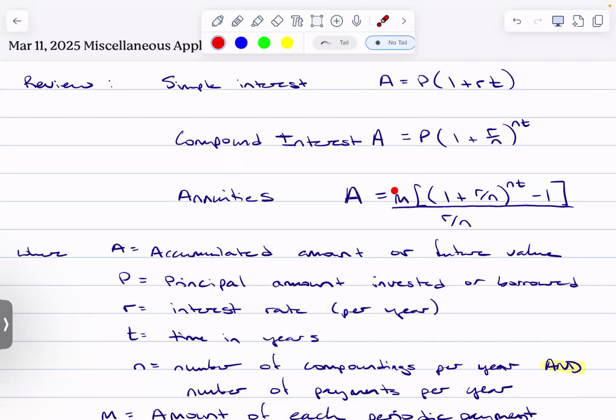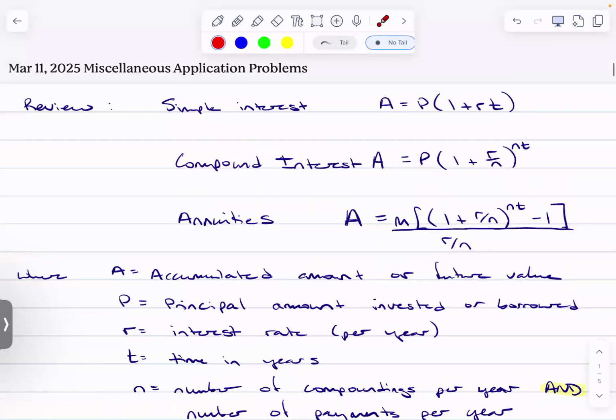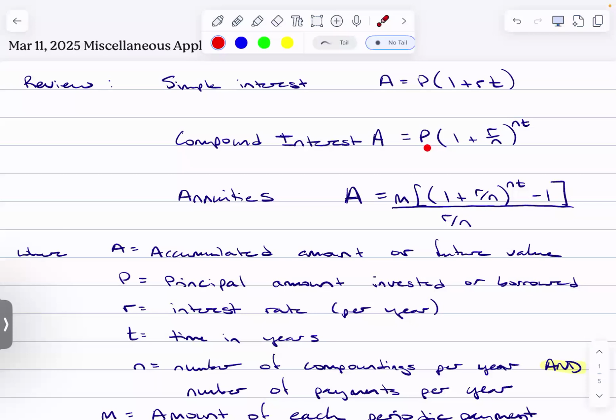Whereas whenever we have regular payments, then we have an annuity. And so then we need to use this formula here, to take into account the regular payments. Unless you want to do them all by hand, then each of your M could be your P and you'd have to pull them all forward and add them all up. But I would rather just use this formula, which does the same thing.